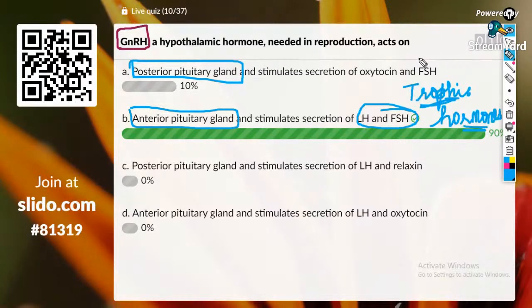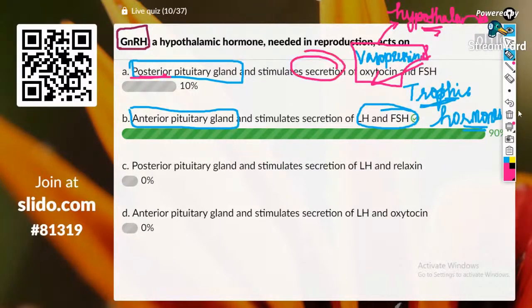Oxytocin and vasopressin are the two hormones you study in case of posterior pituitary. But actually, vasopressin and oxytocin are produced by the hypothalamus, and they are passed on to the posterior pituitary gland to stimulate their secretion.